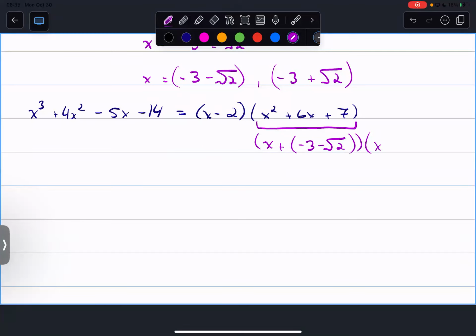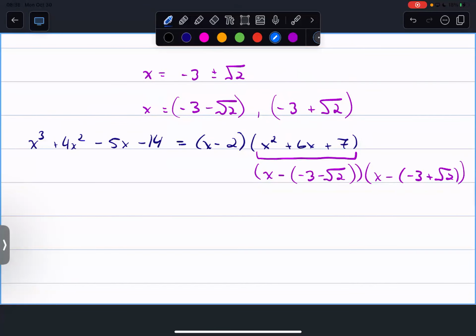Times x. I'm going to go plus again, I think. I am going to confirm it with Desmos because the issue might be that it's minus here. X minus. It is minus, I think. It's a nasty root.